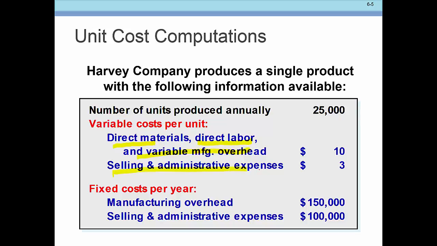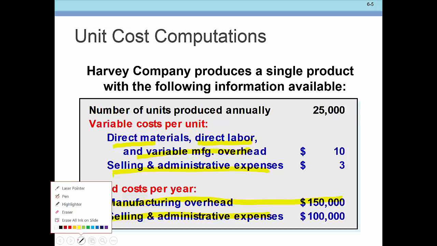And then they give us the variable selling and administrative. So we've grouped our variable costs together. Then we group our fixed, including both our fixed manufacturing overhead and what? Our fixed selling and administrative. So all they've done here is group our costs into whether they are fixed or variable.